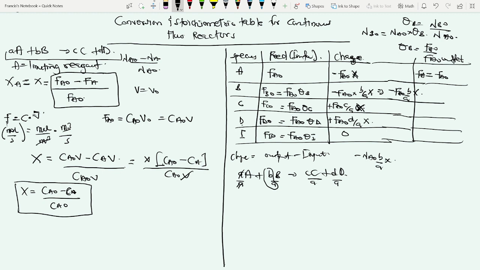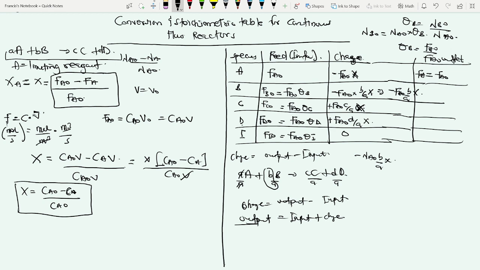When you add the change to what is entering, we get what is coming out. Because we said the change is equal to output minus input, if you want the output, you can just add the input to the change, and that gives us the output, or the reactor outlet.